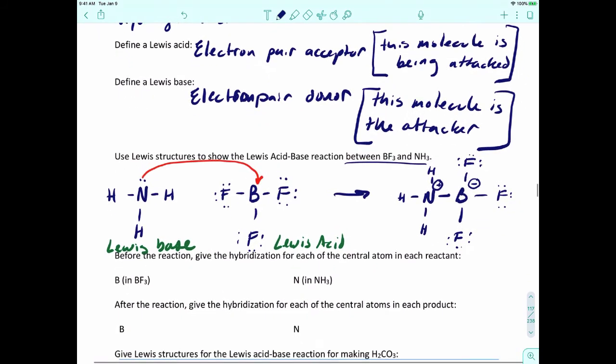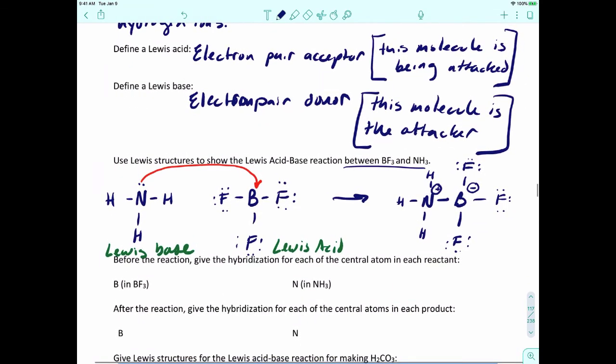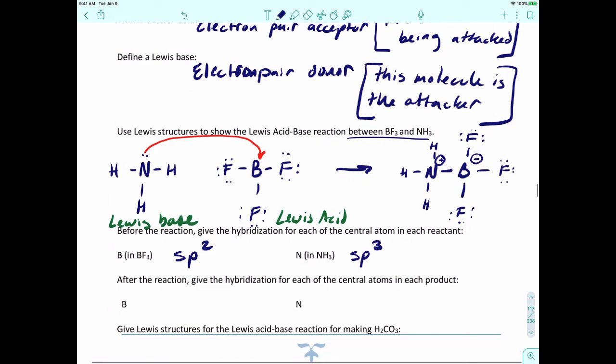Now, before this reaction, the hybridization of boron in BF3 was sp2 because it was trigonal planar, and the nitrogen in NH3 was sp3. But here's the cool thing.